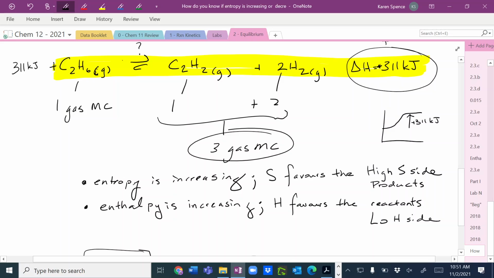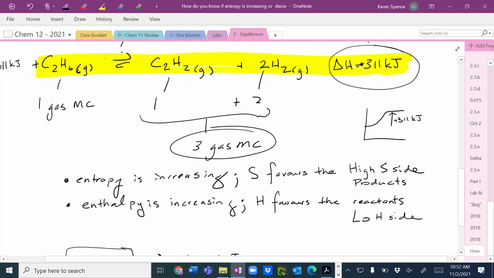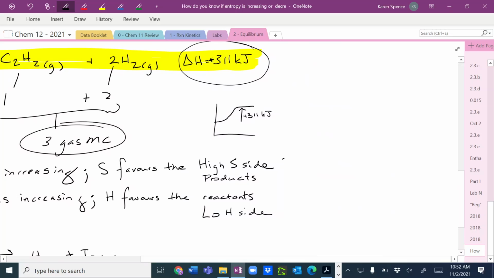So if enthalpy favors the reactants and entropy favors the products, is this a spontaneous process? Spontaneous processes either go to completion. Is that what's happening here?